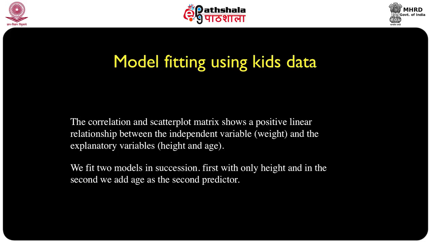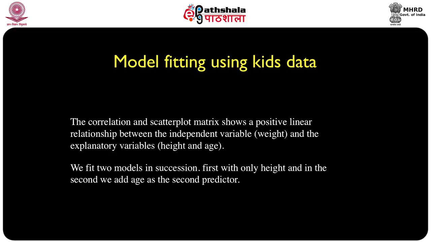So now I will show you the fitting of a multiple linear regression model to this dataset using the lm function in R. We will fit two models in succession, first with only height as a single predictor variable because the correlation coefficient between height and weight is higher than the correlation coefficient between weight and age.